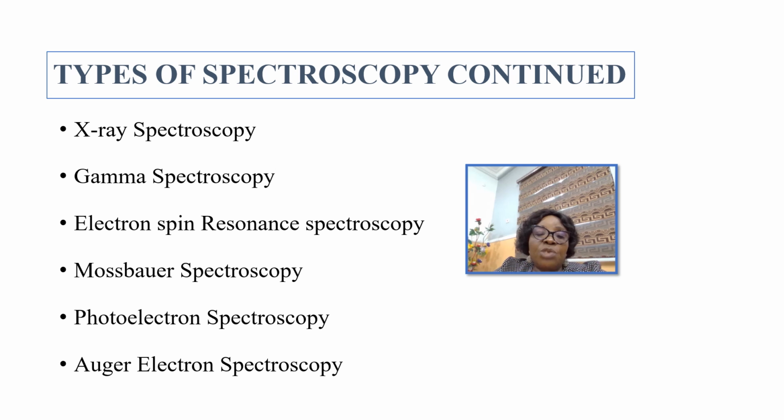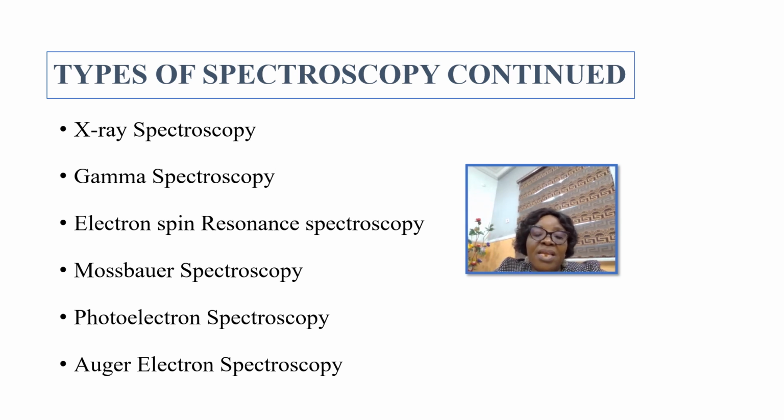We have electron paramagnetic resonance spectroscopy. It measures the absorption of radiation by unpaired electrons. Mössbauer spectroscopy measures the absorption of gamma rays by atomic nuclei. Photoelectron spectroscopy measures the energy of electrons emitted by atoms.